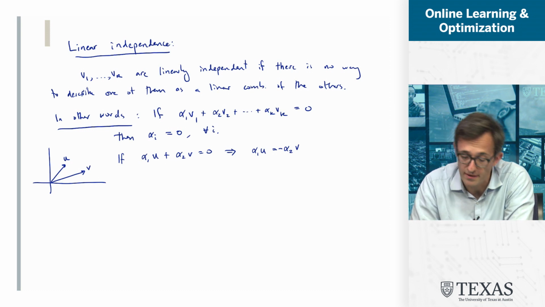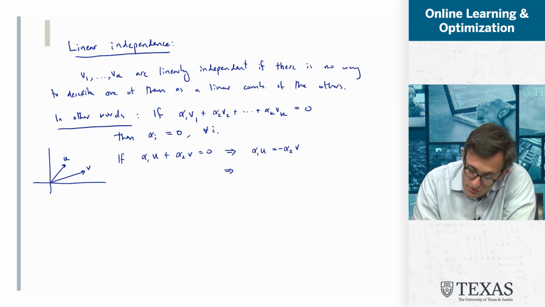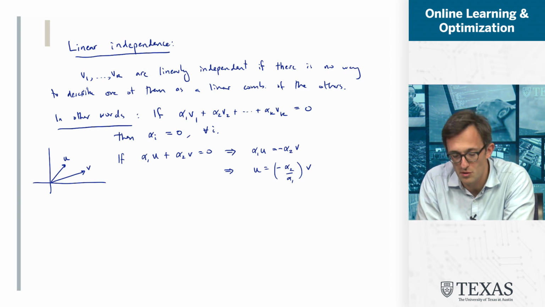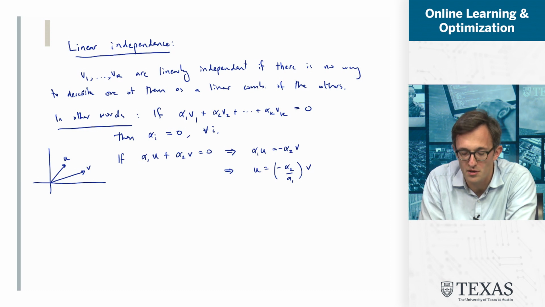So I could divide. And this implies that u is equal to minus alpha 2 over alpha 1 times v. That tells me that u is a multiple of v, but it clearly is not a multiple of v. So it's not possible for this equation to be satisfied with non-zero alpha 1 and alpha 2.